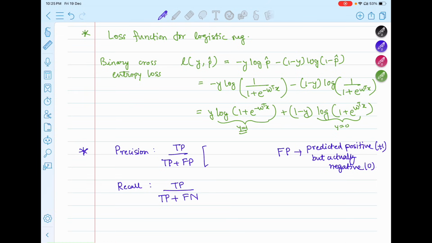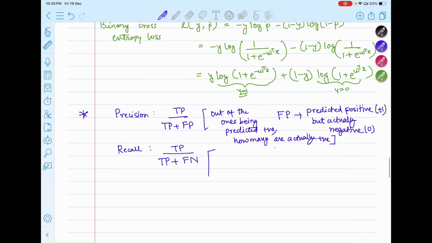Similarly, in recall, the idea is that out of the ones which are actually positive, how many of them are being predicted positive, or how many are being identified.